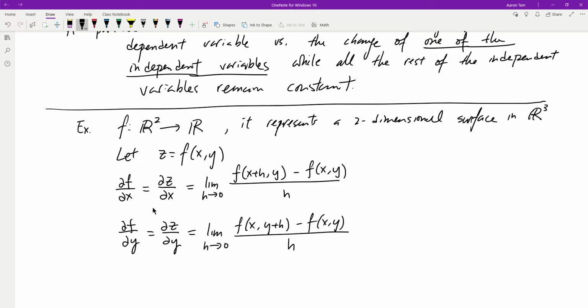However, there is a second notation that describes partial derivatives, and this is called subscript notation.